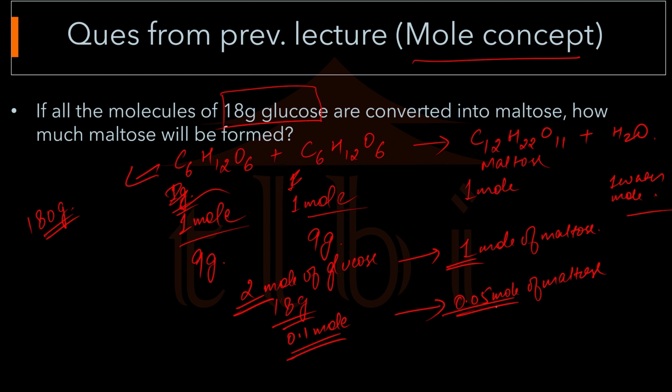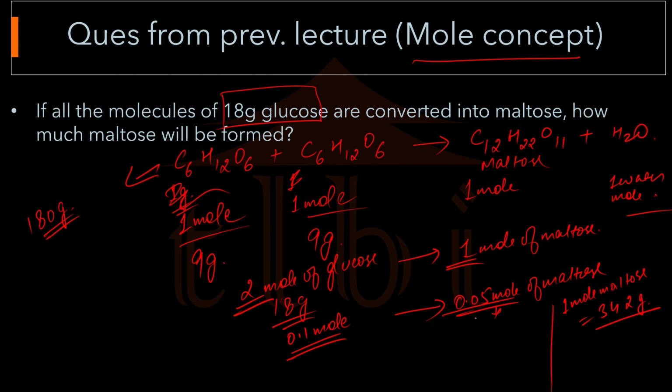You can easily calculate the weight of 0.05 mole maltose. 1 mole of maltose weighs 342 grams.